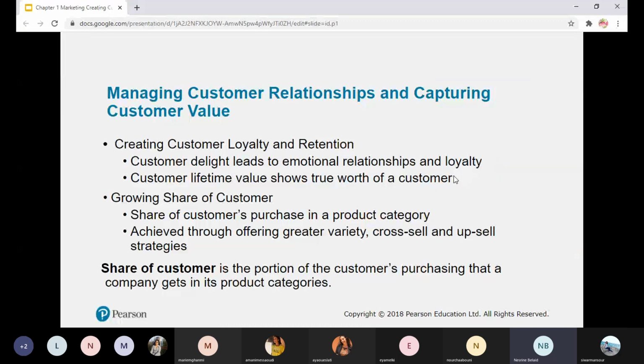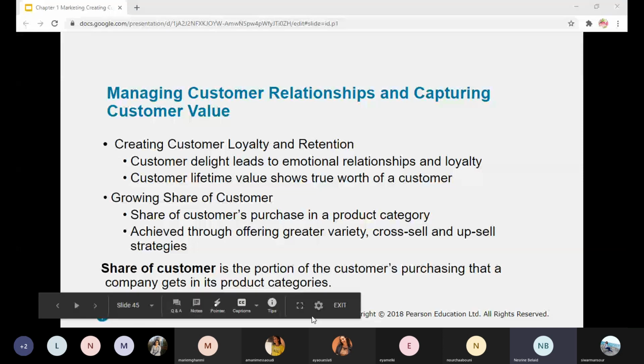So growing share of customers' purchases in a product category is achieved through offering greater variety, cross-sell and upsell strategies. Okay, the share of customer is the portion of the customer's purchasing that a company gets in its product categories, right?